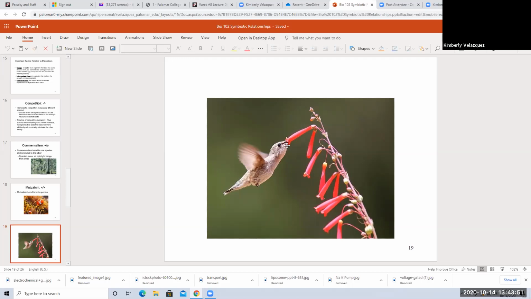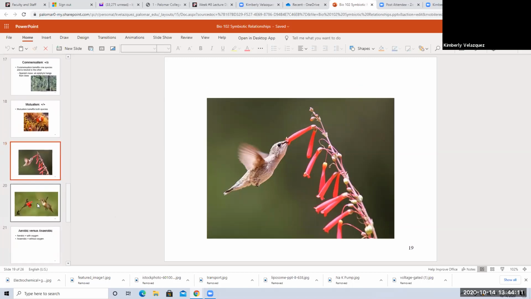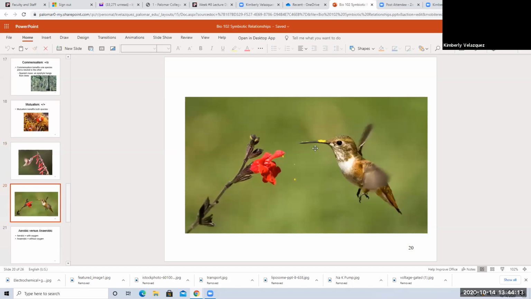Also, since it's only going to visit this particular plant species, this plant ensures that its pollen is not going to be wasted on a different plant species, that it will get delivered to another plant of the exact same species. And there are hundreds and hundreds of examples of these very tight-knit relationships between a plant and its pollinators. And you can see this little guy with the pollen on his beak. It's a fantastic photo.